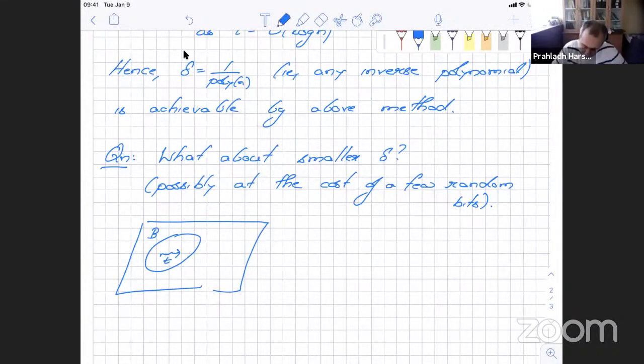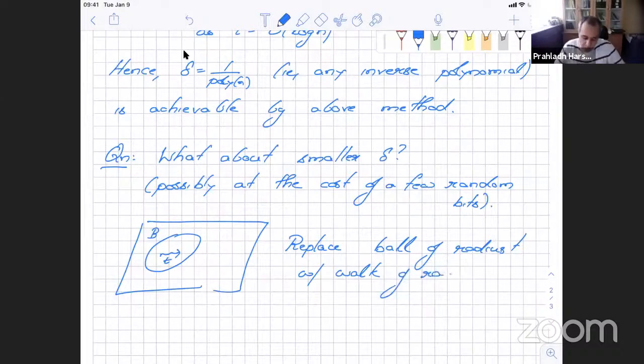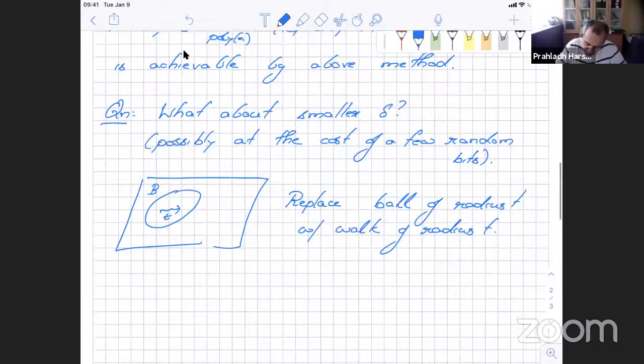So replace ball of radius t with walk of radius t. This will actually be a stronger lemma than what we proved. We'll prove the following lemma, which is called the hitting set lemma for random walk on expanders.